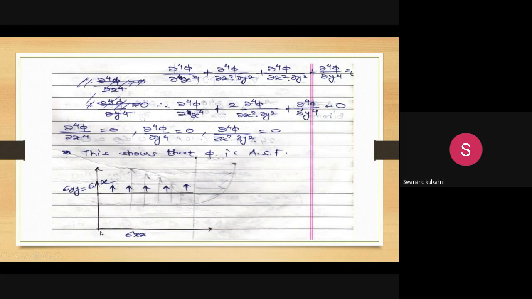But as x starts to increase, 1, 2, 3, 4, 5, 6, sigma yy will change like 6a, 12a, 18a, 24a, like this, times of a.